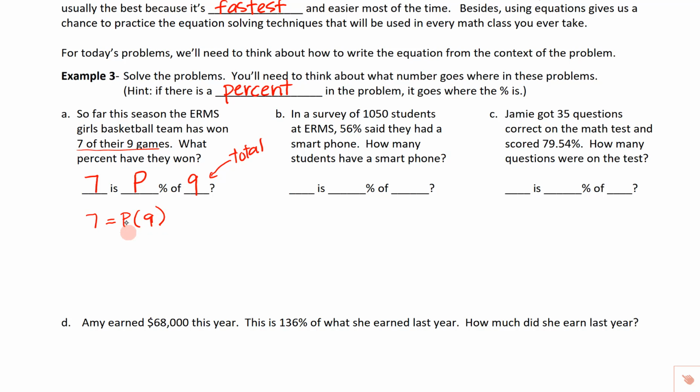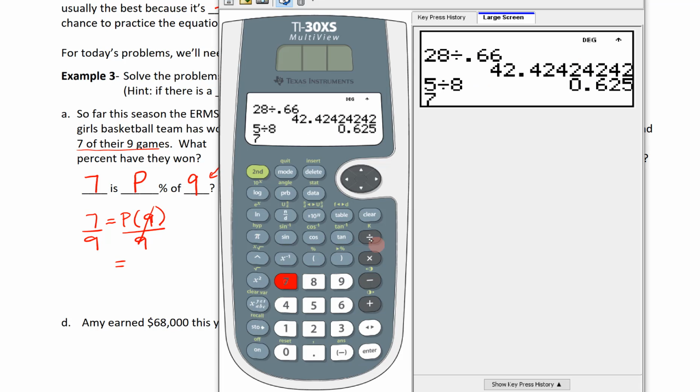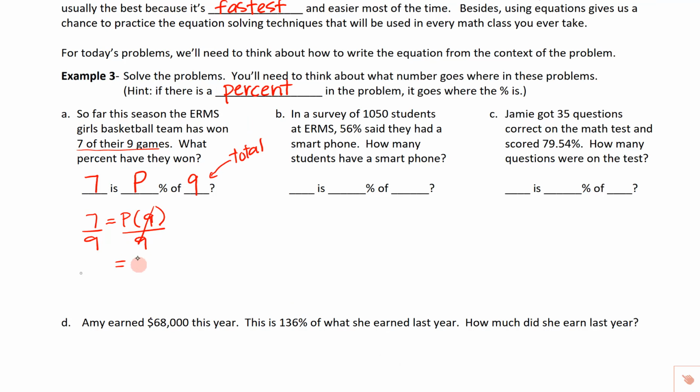We want to get P by itself, so we're going to divide both sides by 9. 7 divided by 9, you might remember your rational numbers, is 0.7 repeating. So P equals 0.7777. I'm just going to write it like that. Now we need to know the percent.